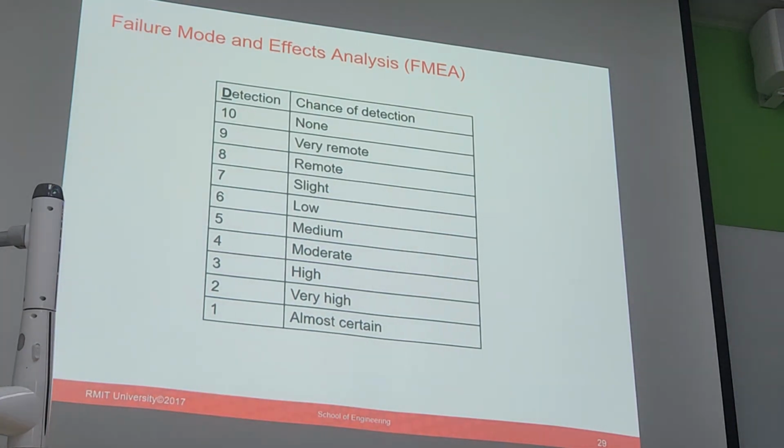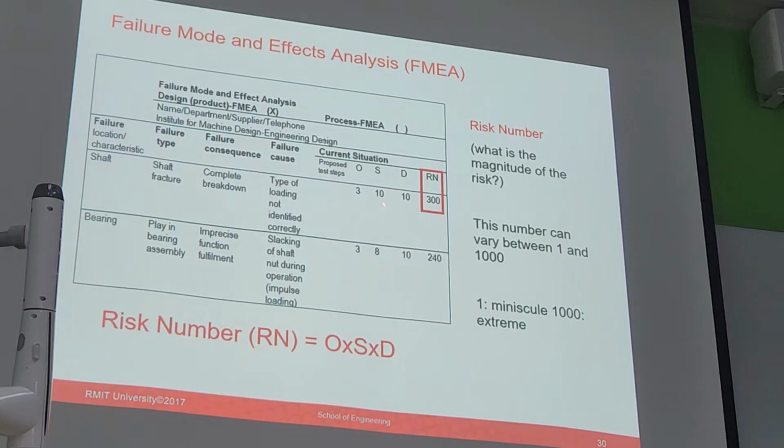So back to the O, 1 to 10. Back to the S, 1 to 10. D, 1 to 10. And based on that, you choose one of them and then put it in there. So as you can see, occurrence is 3, S is 10, D is 10.